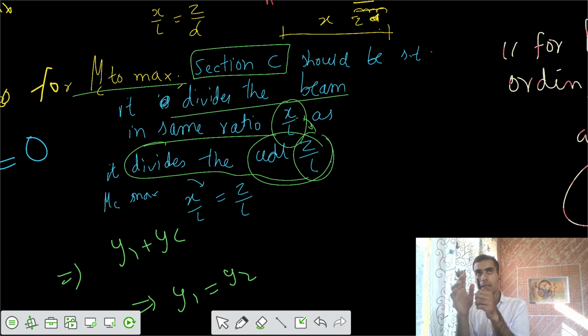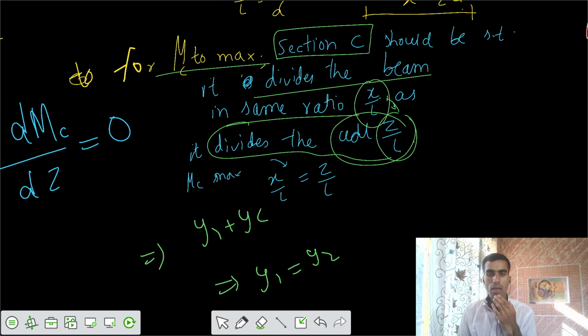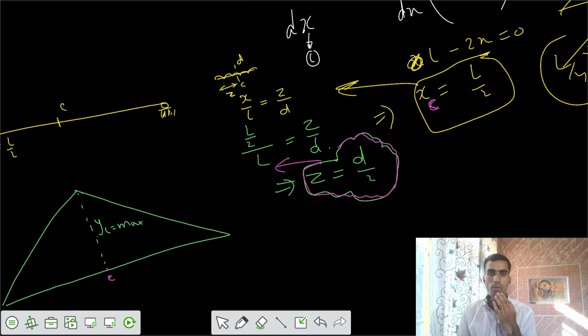That's because x is L by 2, so it divides the UDL also in 1 by 2. That means the UDL should be equally placed on both sides of section C.